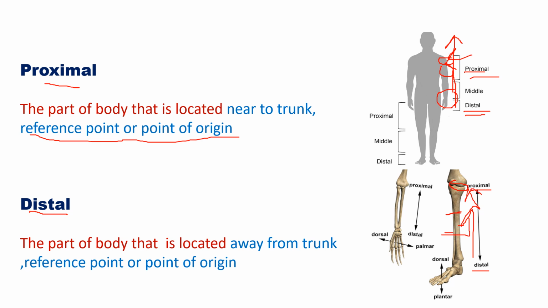Here is another structure, the lower arm, that is made by radius and ulna bones. If we consider that it is the reference point or point of origin, then the upper part is proximal as it is nearer to that point, and the lower part is distal as it is away from that point.